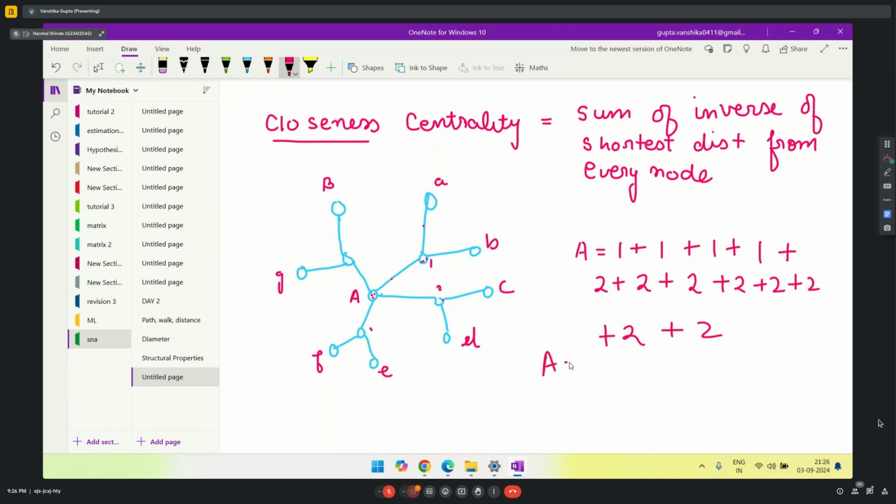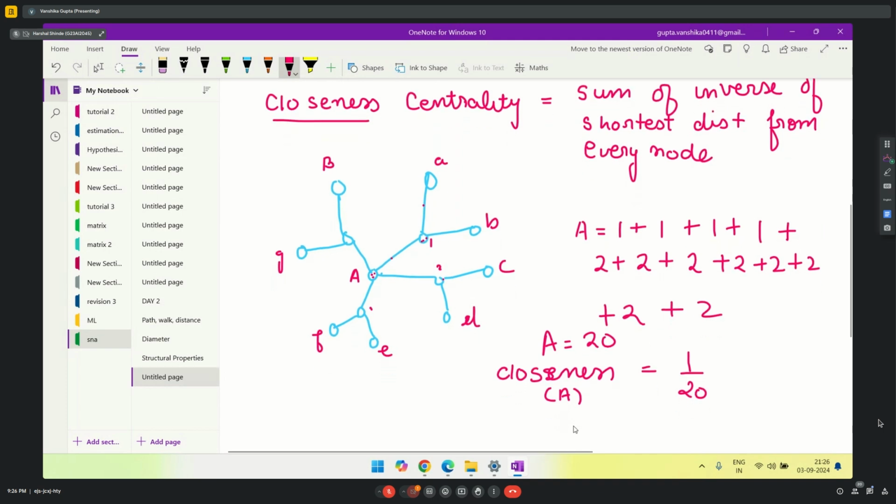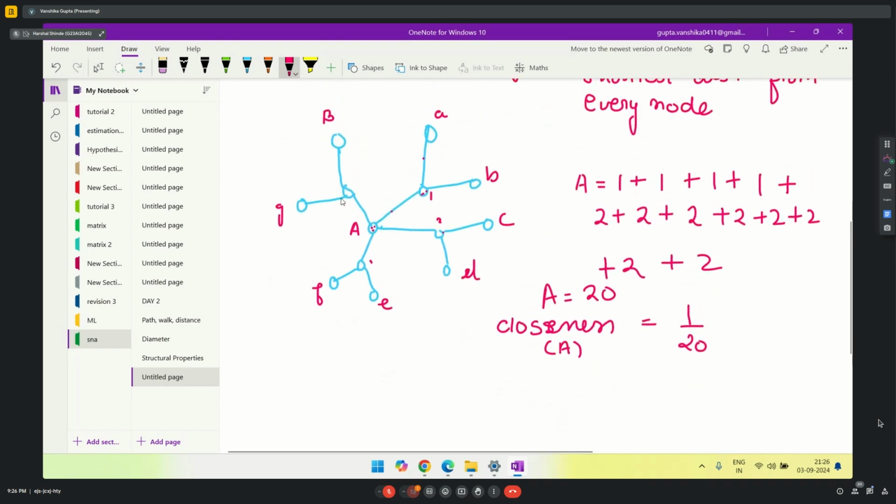So the sum for A is 20. What I have done is the sum of shortest distances from every node. Now, to find the closeness centrality of A, I'll just inverse this value. So the closeness centrality of A will be 1 by 20. Now, in the same way, can you try the closeness centrality of B? What will it be?